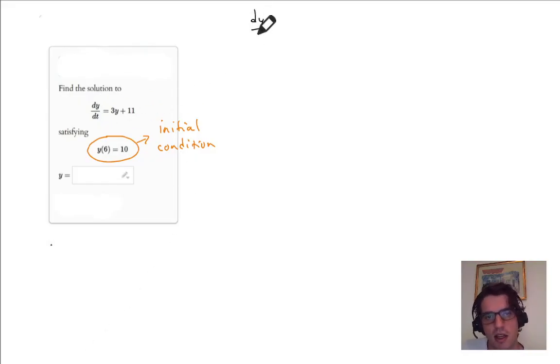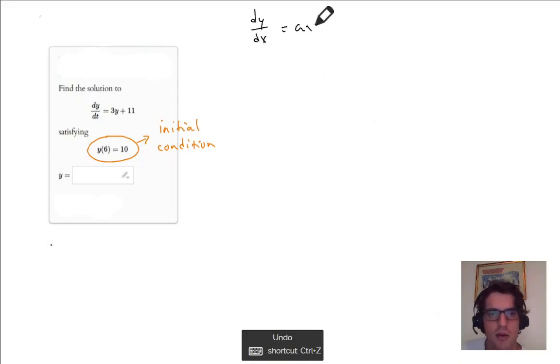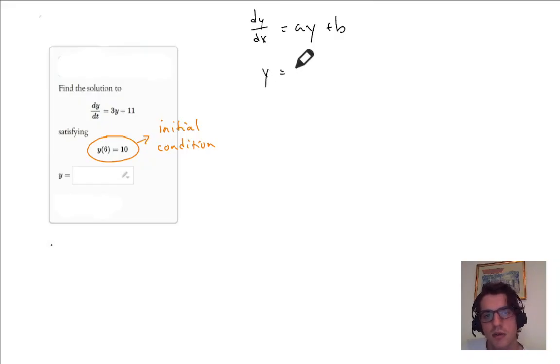I'm going to write that again. A y plus b. And this ended up being y equals negative b over a plus c e to the ax.